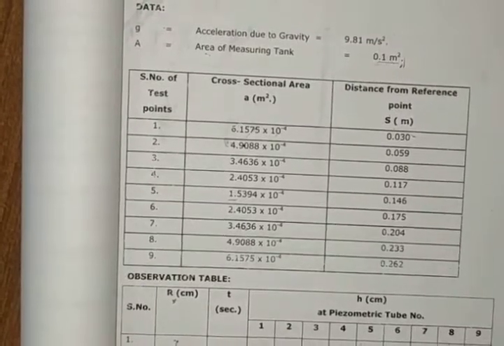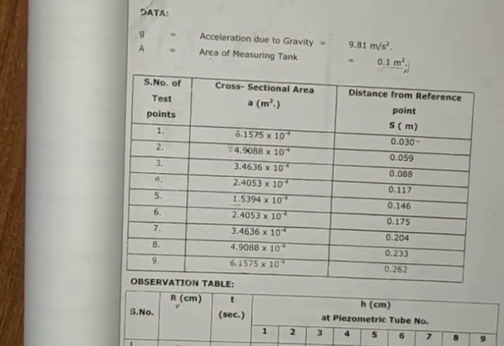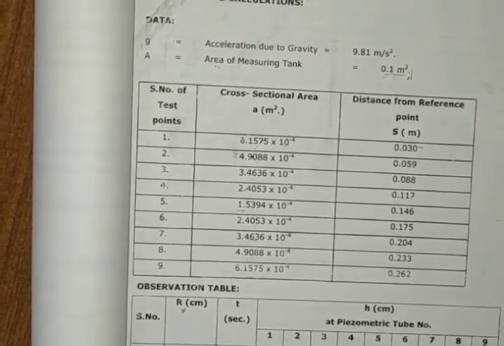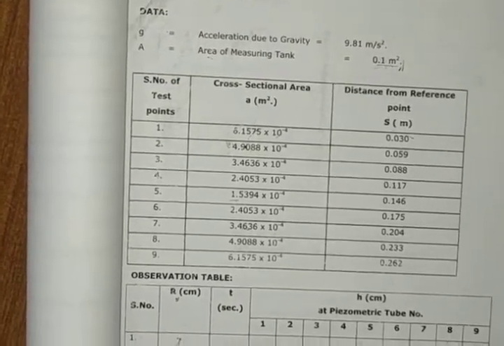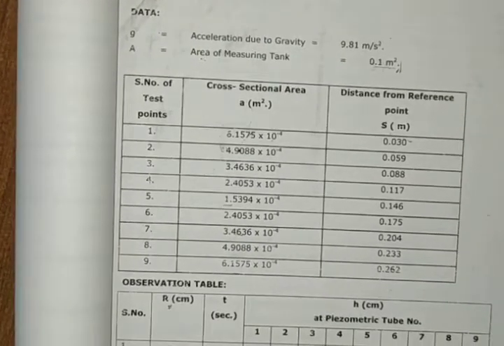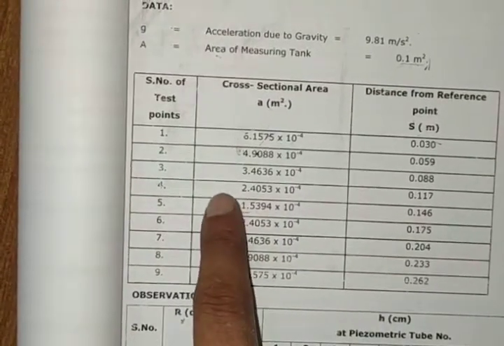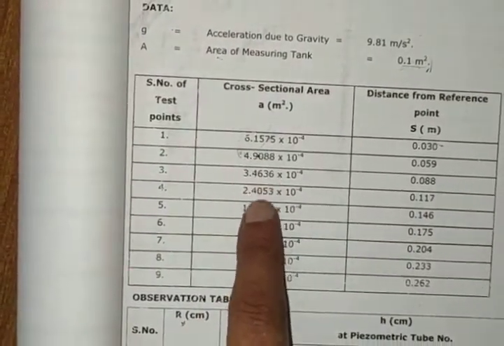So as I told you earlier, the Venturi meter is already fitted in the experiment, so that is the divergence and convergence series. Here the small a values are already given.